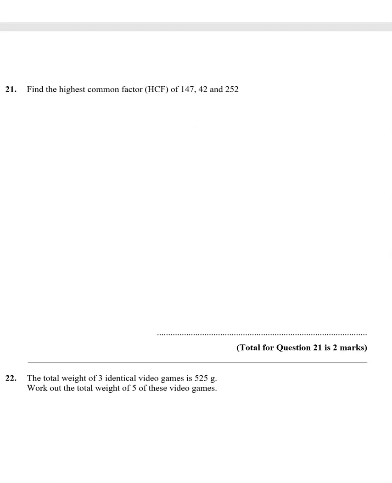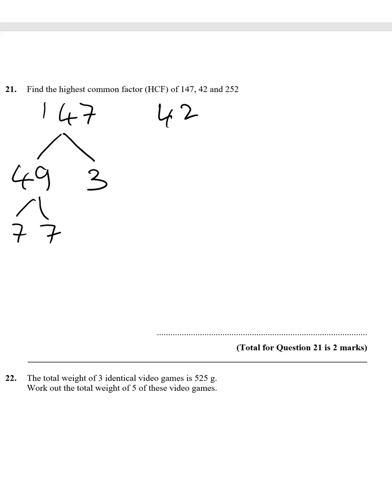Okay, highest common factor. Right, now what I am going to do, I'm going to do little prime factor trees. 147. So a number that goes into 147, well 49 does. 49 does actually 3 times. So let's split it down. So that's 7 and 7. Okay, do the same with 42.